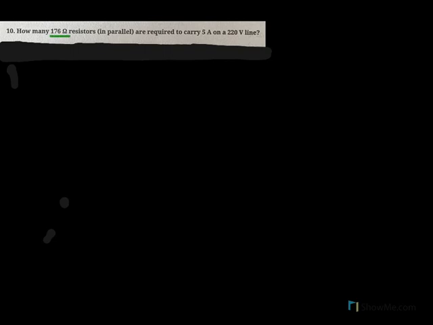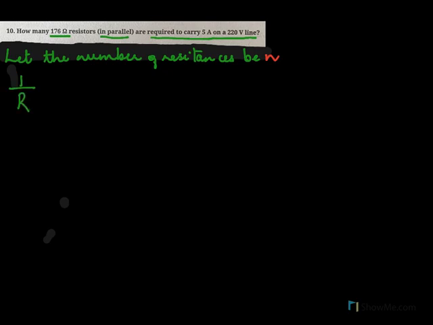How many 176 ohm resistors in parallel are required to carry a 5 ampere current on a 220 volt line? So we'll say let the number of resistances be equal to n. We have n resistances of 176, which means our total resistance 1/R will be 1/176 plus 1/176 plus so on, n times.